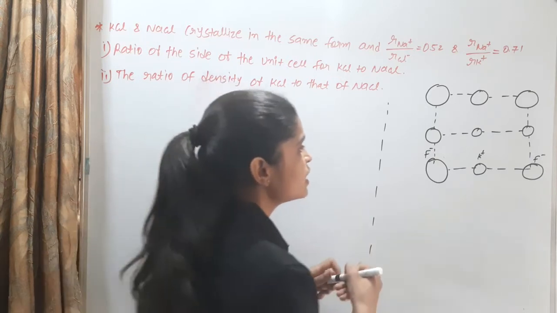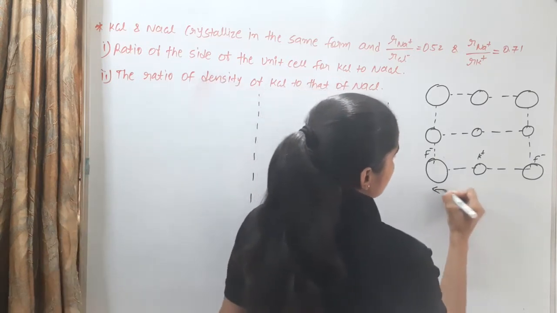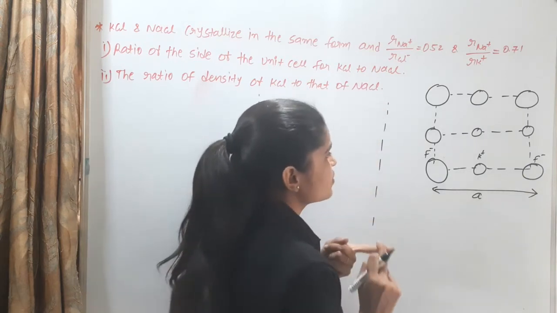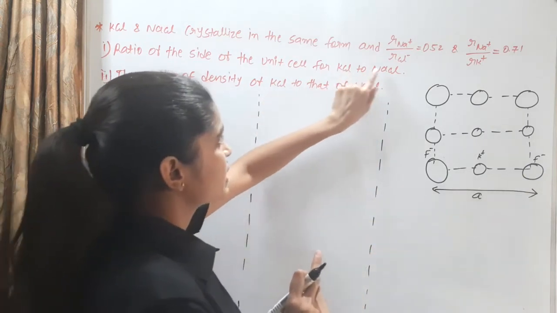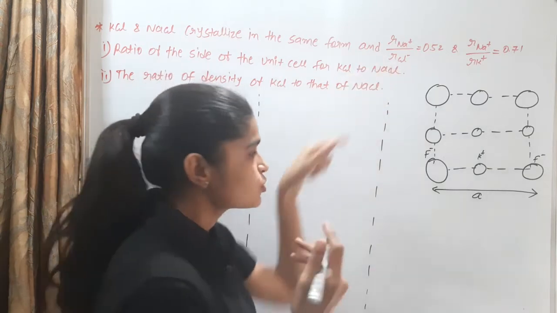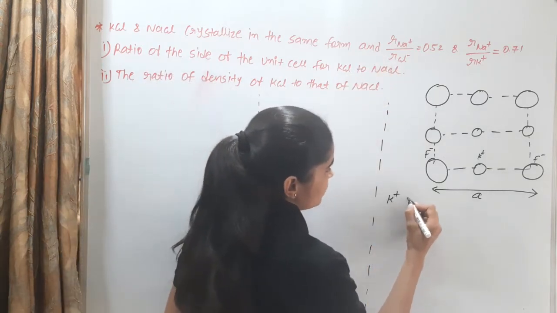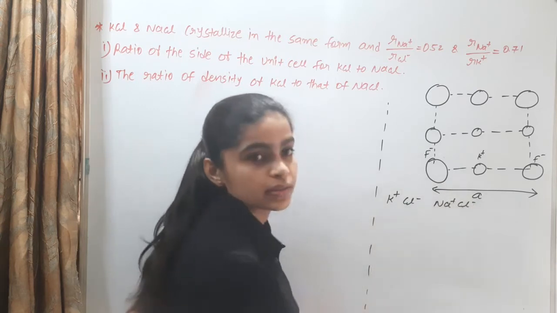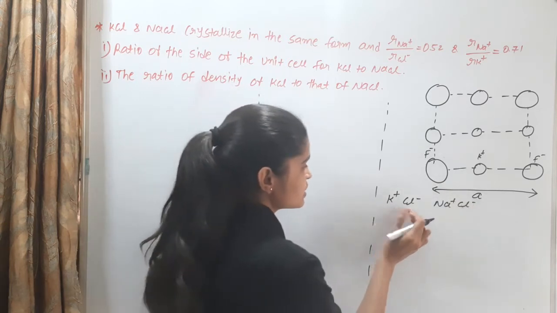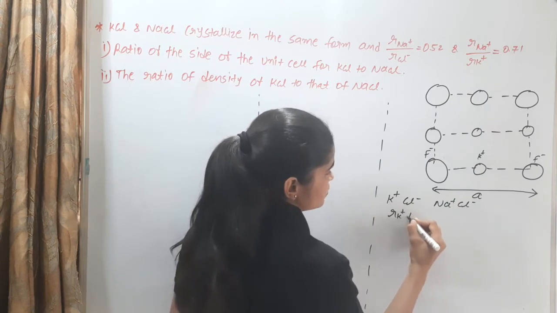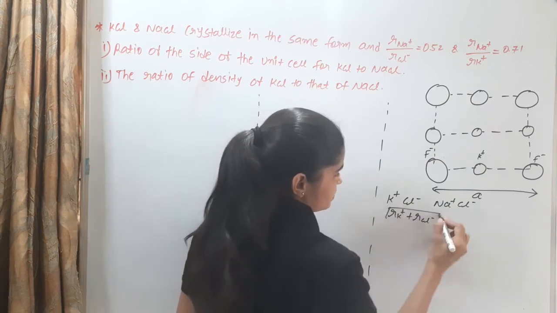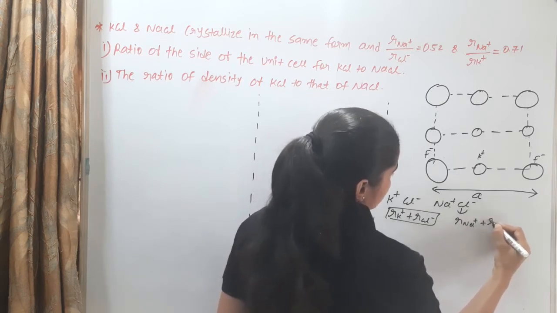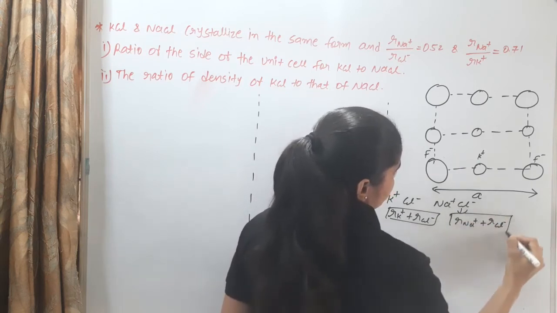First we know that this is the edge length, and the edge length value is a. But we find out the ratio of the KCl and NaCl. So KCl in ionic form is K+ and Cl-, and in the same way Na+ and Cl-. The distance between the KCl is r_K+ plus r_Cl-, the same as r_Na+ plus r_Cl-.